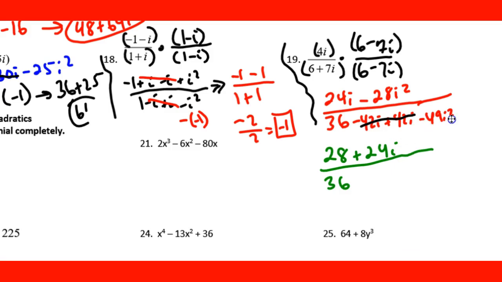So you have i squared is negative 1, negative 1 times negative 49 is going to be positive 49. The top is simplified, so you have 28 plus 24i. And at the bottom, 36 plus 49 is going to be 85. So there we go.